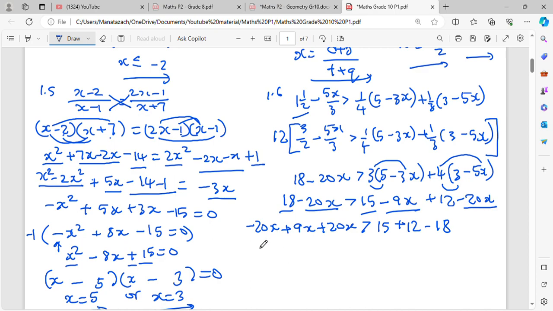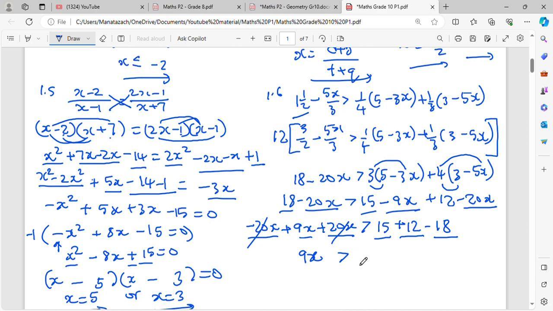So minus 20 and minus 20 will give us a 0. So we'll remain with 9x this side. And then here 15 and minus 18 is going to give us minus 3, minus 3, and positive 12 is going to give us an 8.